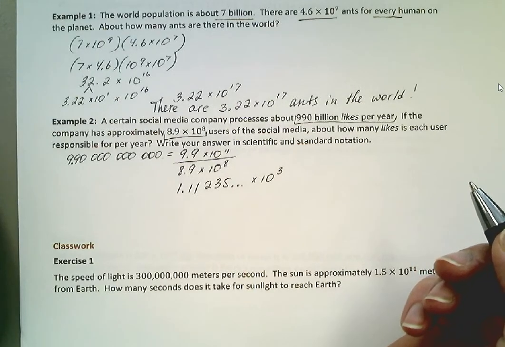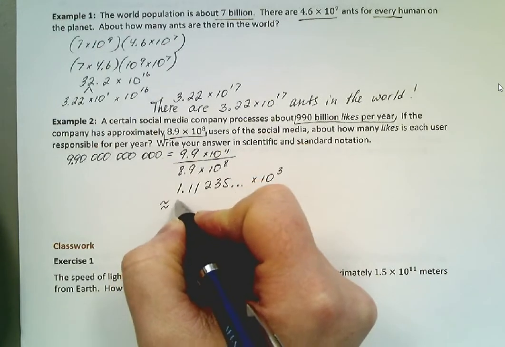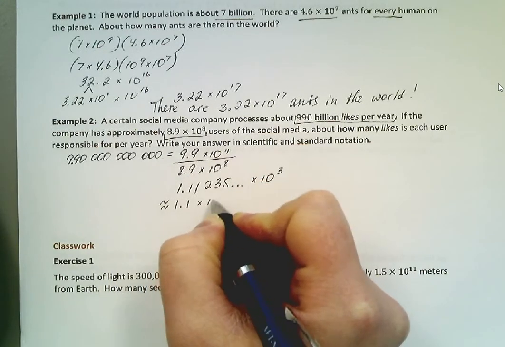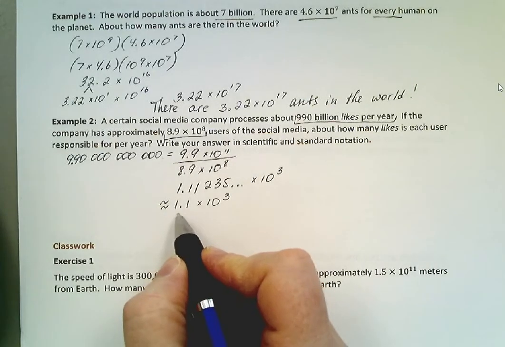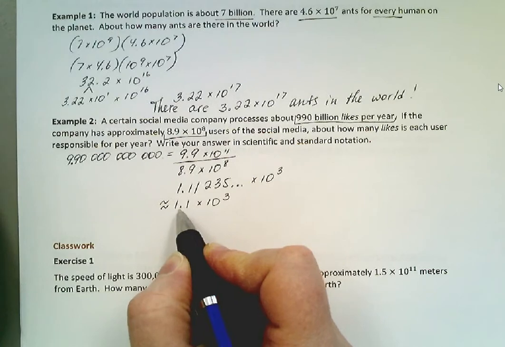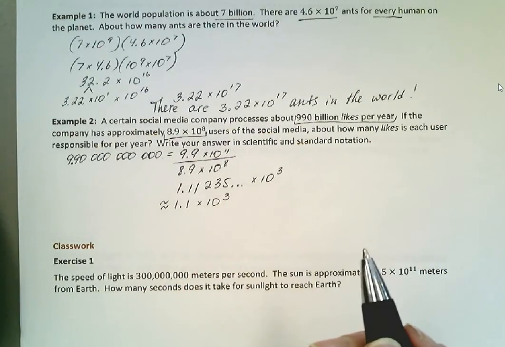Let's round it to the nearest tenth. It'll be just easier for us. So it's approximately 1.1 times 10 to the third. So now this number is written in scientific notation. 1.1 is more than 1 and less than 10, and 10 to the third is the power of 10 here.